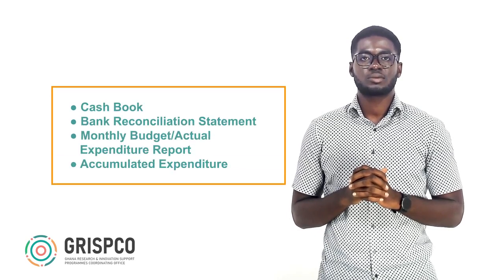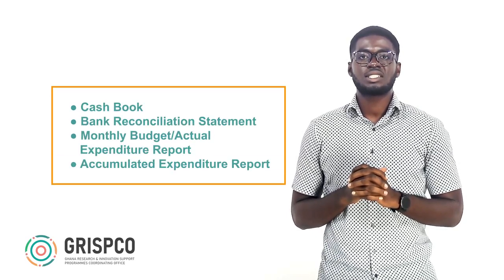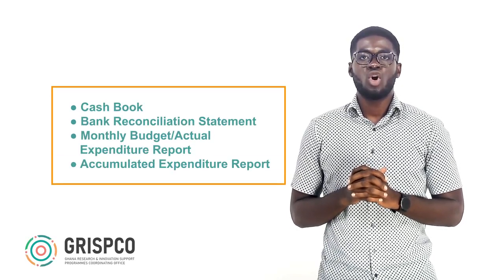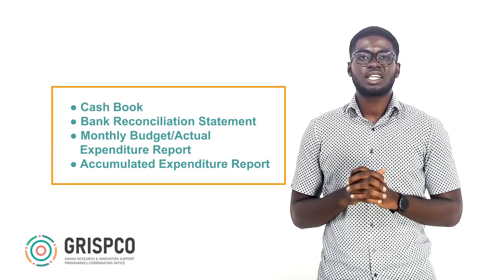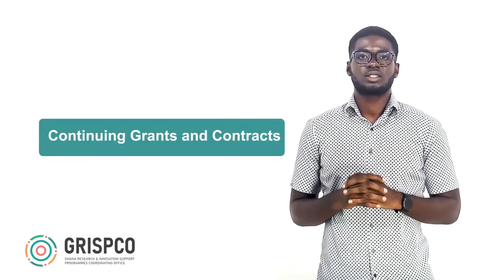As the minimum requirements, the following books, records or reports will be kept or prepared: cash book, bank reconciliation statement, monthly budget or actual expenditure reports, accumulated expenditure reports, continuing grants and contracts. Continuing grants and contracts.